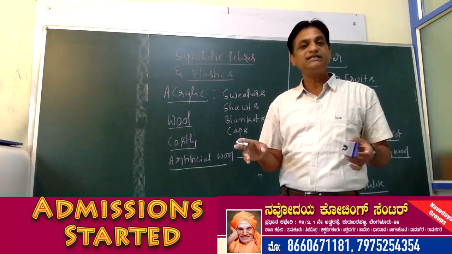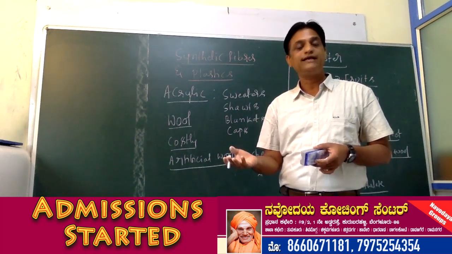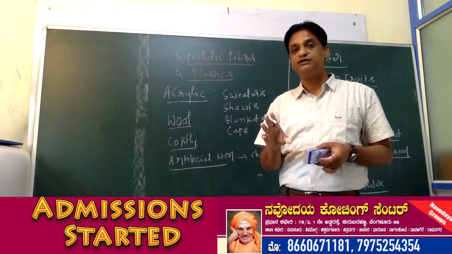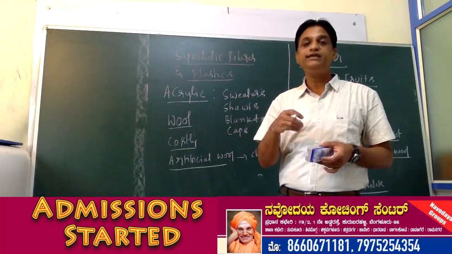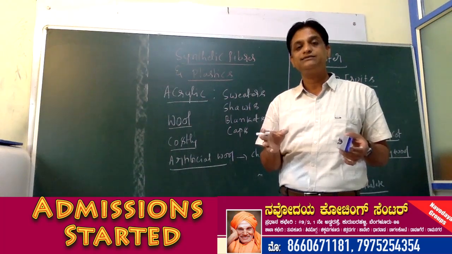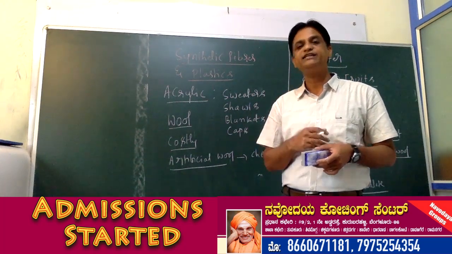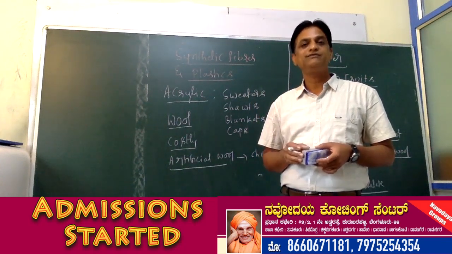So what is the disadvantage of synthetic fiber over natural fiber? When it is burnt, it melts and it can stick to the skin of the person, and as a result it can be fatal. So that is the disadvantage of synthetic fiber over natural fiber.